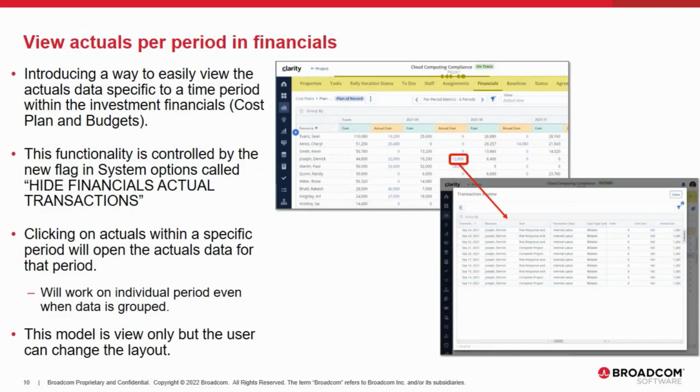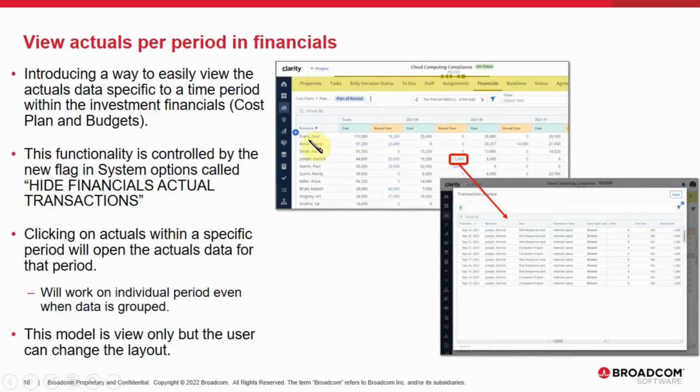We are also enhancing the capability to easily view the actuals data while in your cost plan or in budgets. This is by allowing you to click on the actuals that is displayed in the cost plan or budget plans. You can click on the number that is listed on the screen.